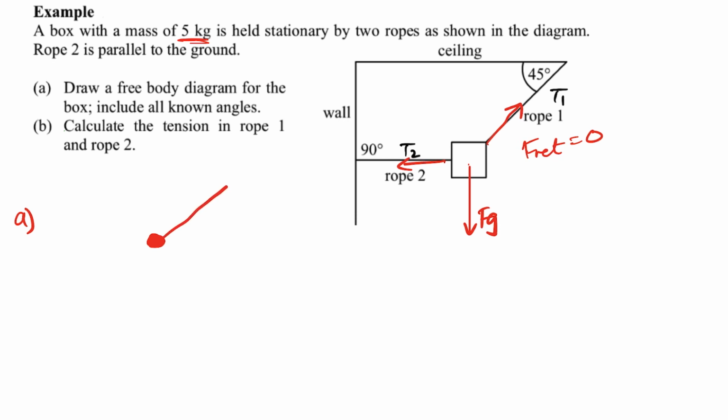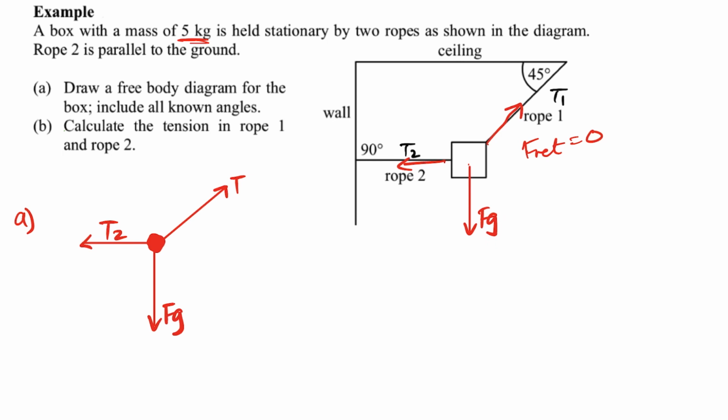We have T1 there, and then we'll have T2 there, right? And then we'll have the gravitational force downwards. And I think that's it.